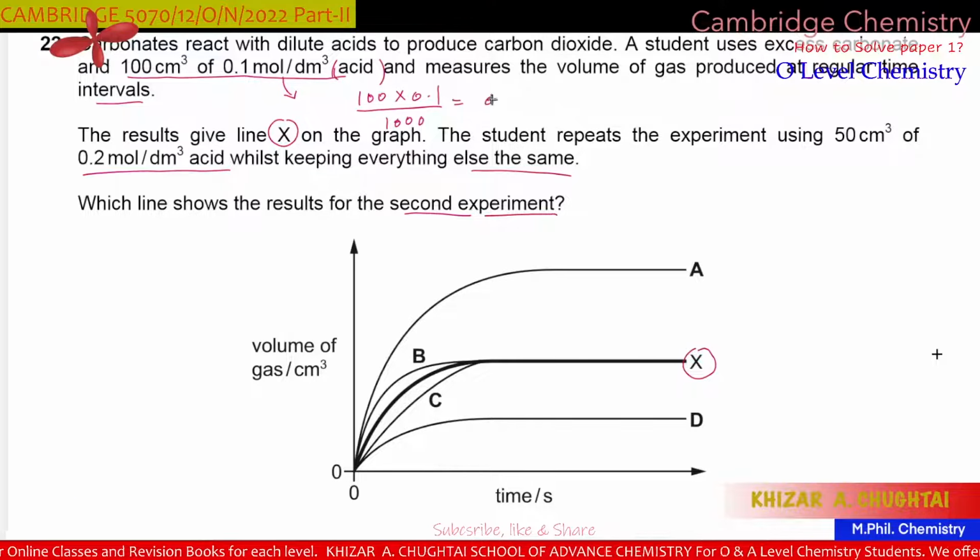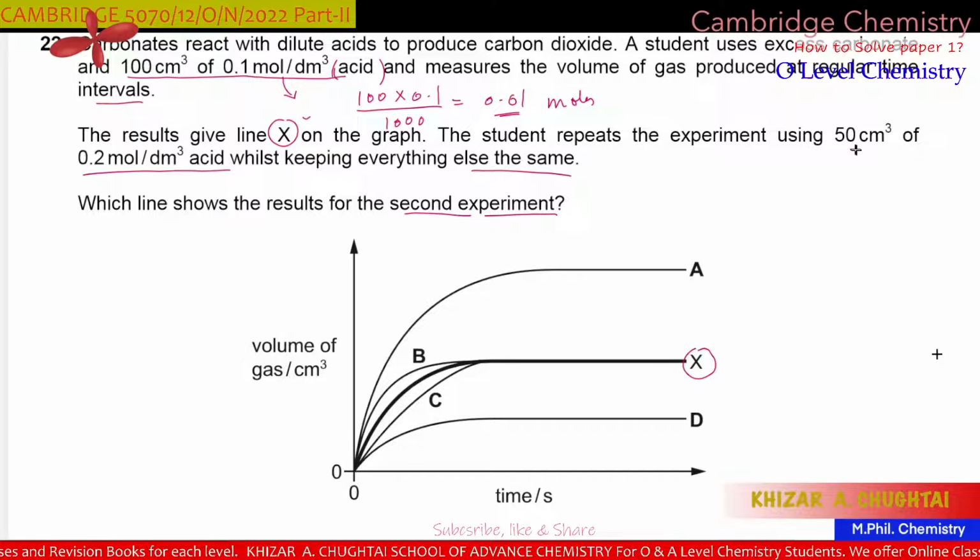So its mole will be, if I'm not wrong, 0.01. Let me check it over here. Yes, 0.01 moles. So we are using 0.01 mole of acid in experiment X.